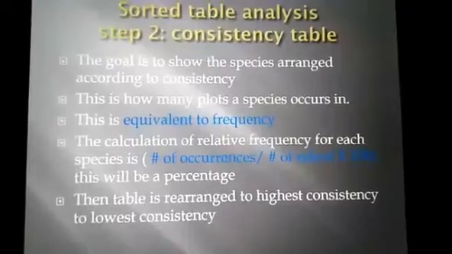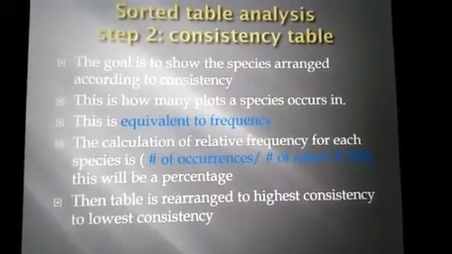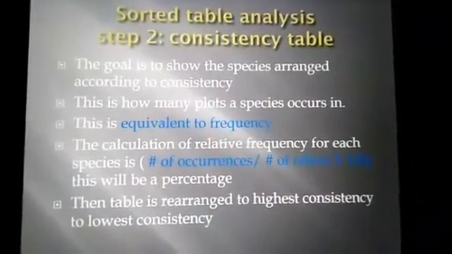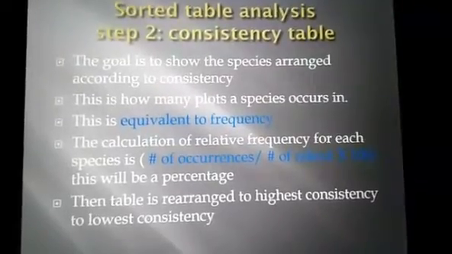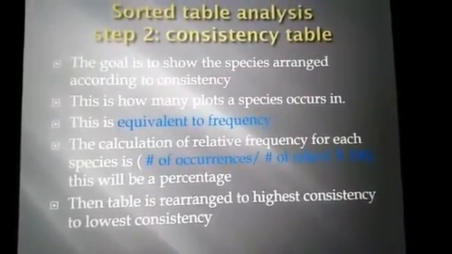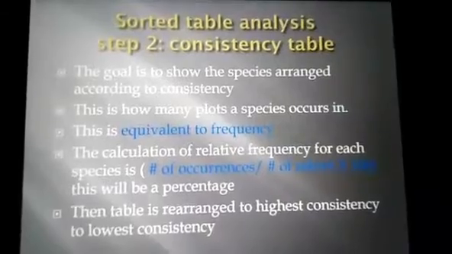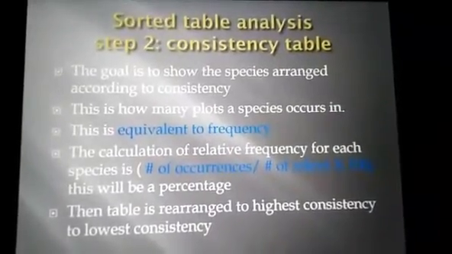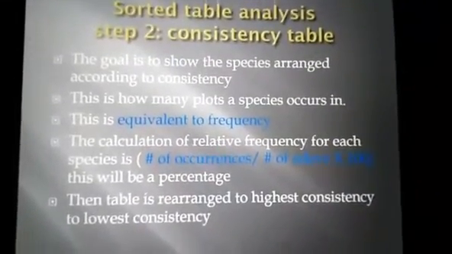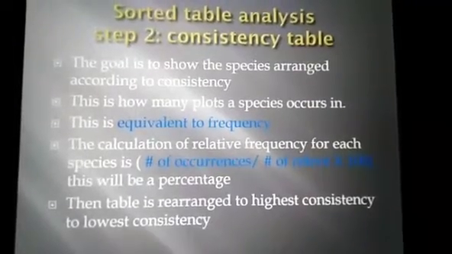So if species 1 and 2 are occurring in, say, plot 1, plot 2, plot 5, plot 6, plot 7, then we are going to put those particular species together or group them together.